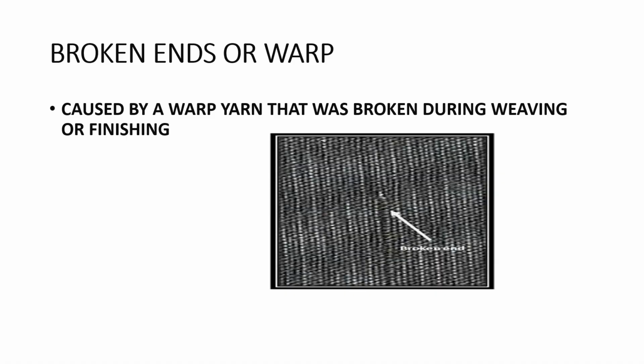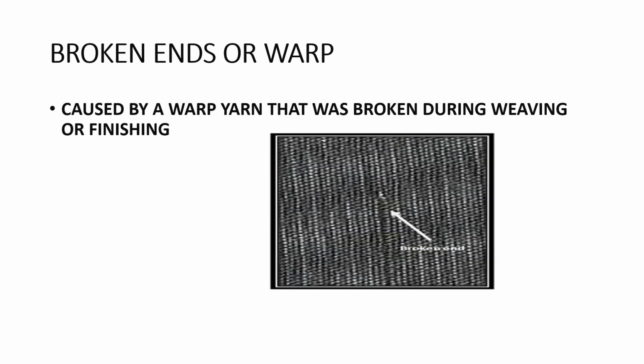So we have to be careful when weaving. A lot of inspection has to be carried out during weaving to check whether all the yarns are intact or not. If not, broken warp ends may cause such a defect during weaving.